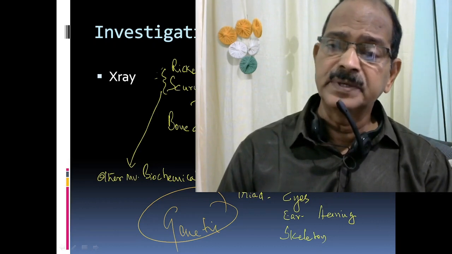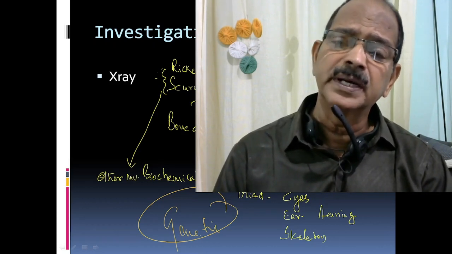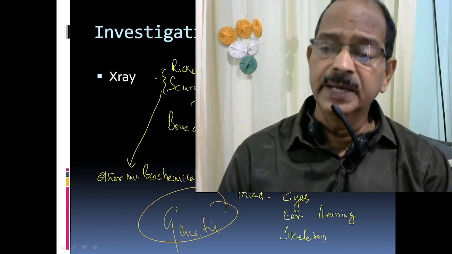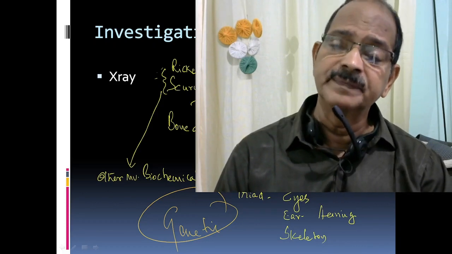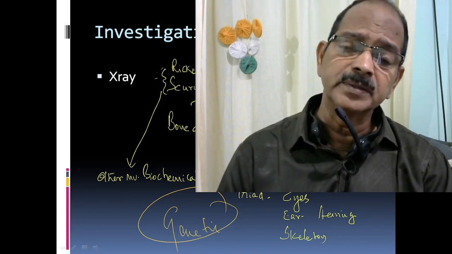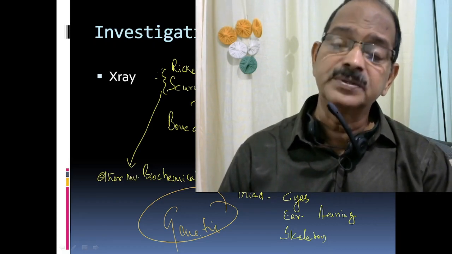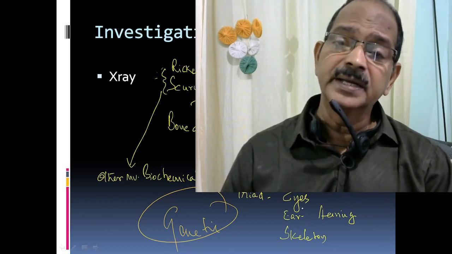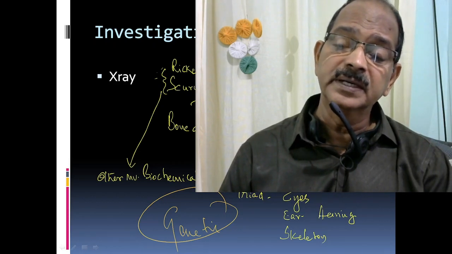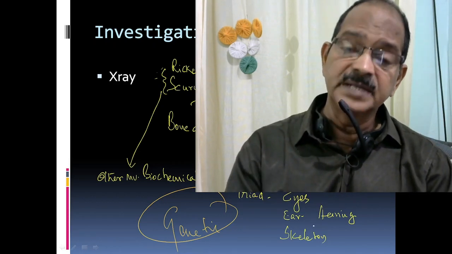In the very same situation, where the demineralization is not there in a battered baby syndrome, again there are features which may be arguing for the battered baby syndrome. When the bone density is less, you need to come back again and check the eyes, check the ear, hearing, and other parts of the skeleton.